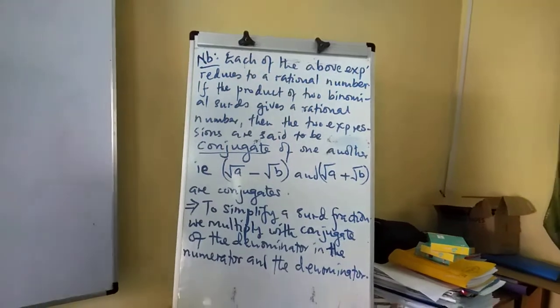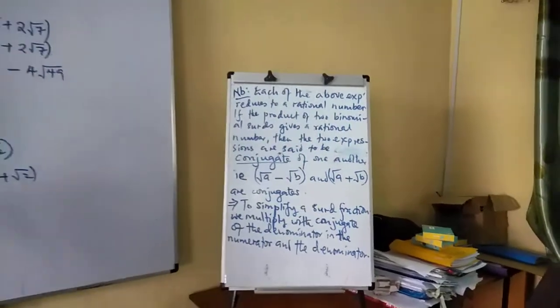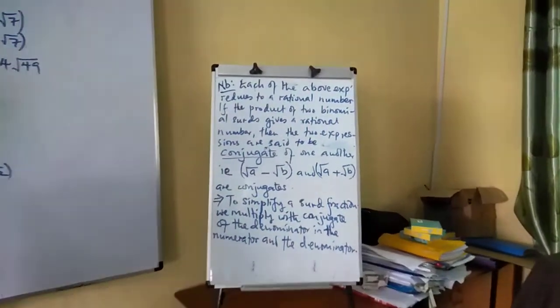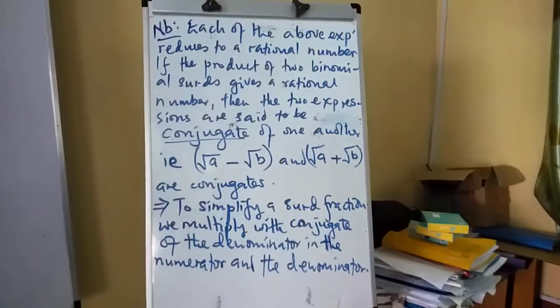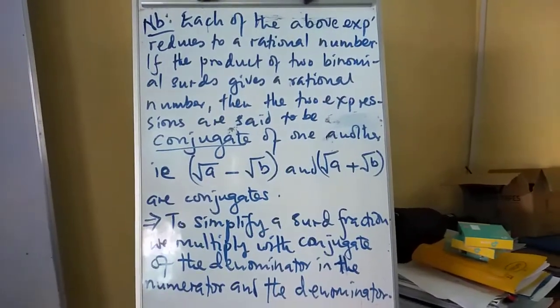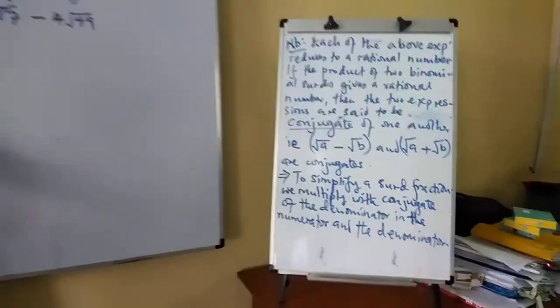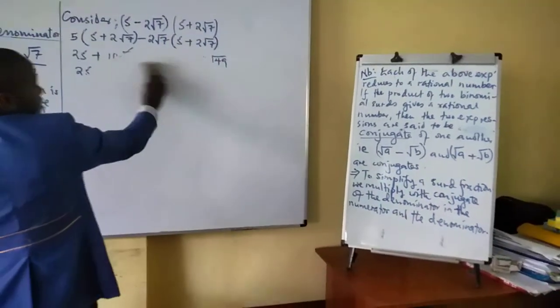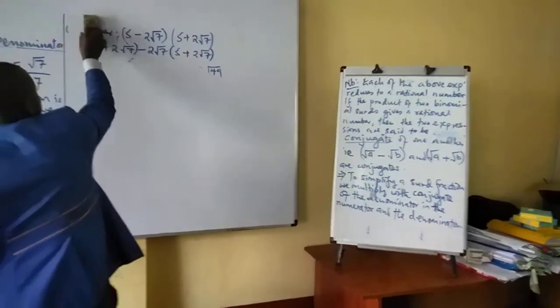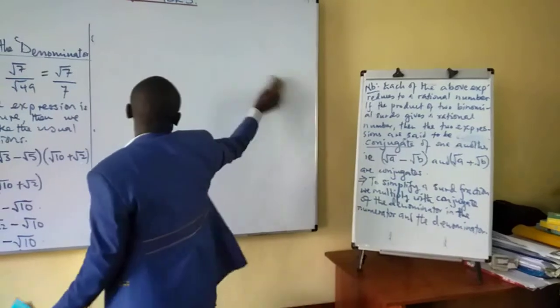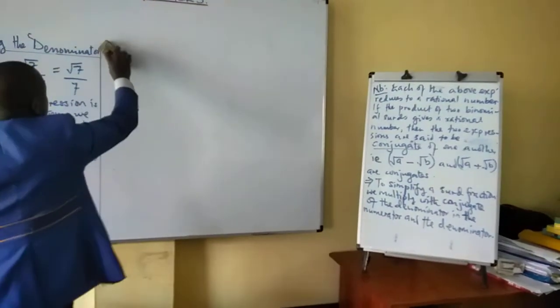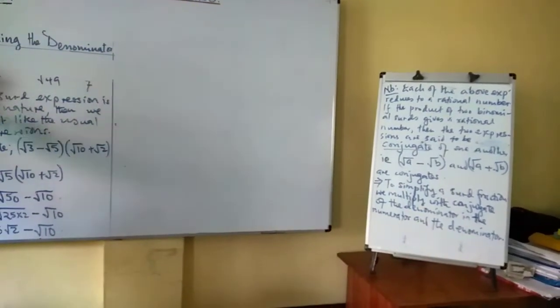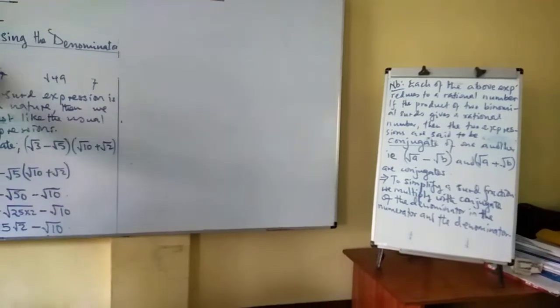Therefore, for you to simplify a surd which is binomial in nature in the denominator, you multiply both the denominator and the numerator by the conjugate of the denominator, because by so doing, the denominator will become a rational number.